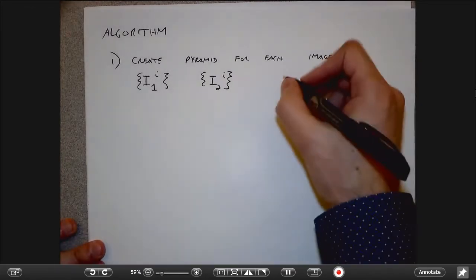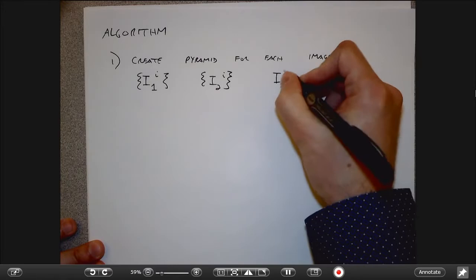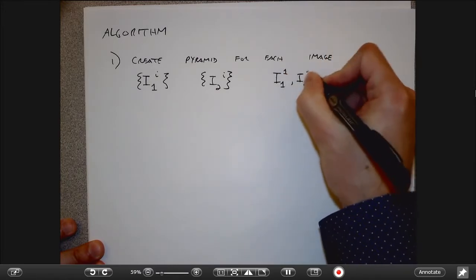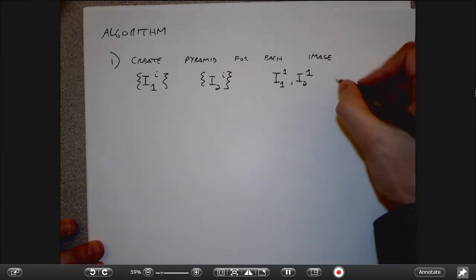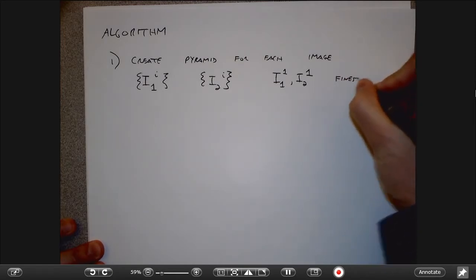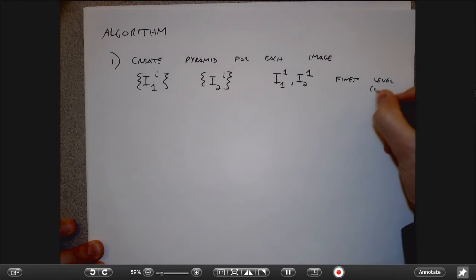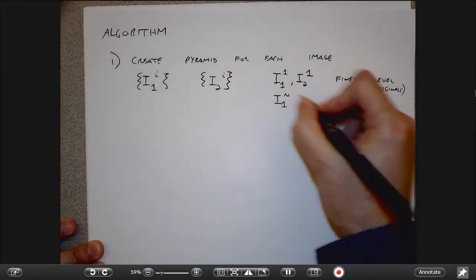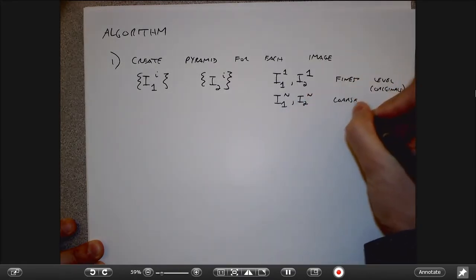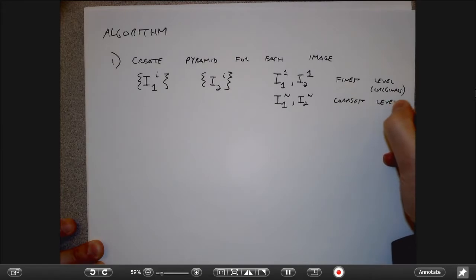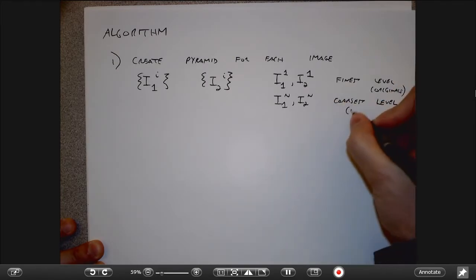The idea being that I1 sub 1 and I2 sub 1 are the finest level, like the original image, and I1 sub n and I2 sub n are the coarsest level. And these are going to be basically the blockiest images.